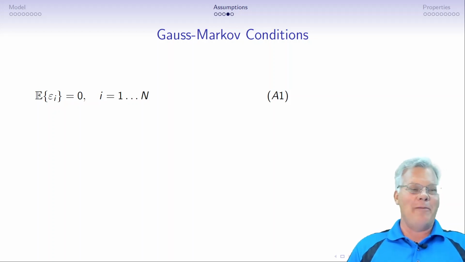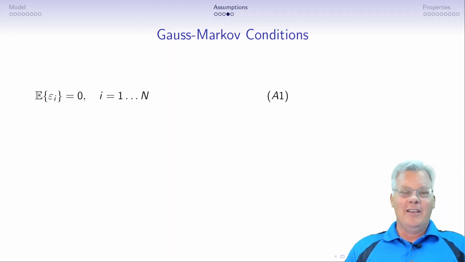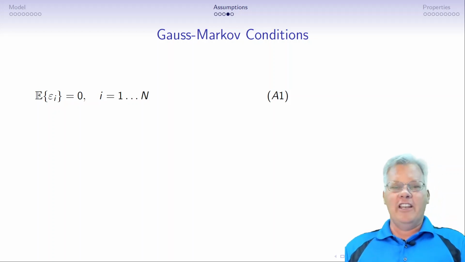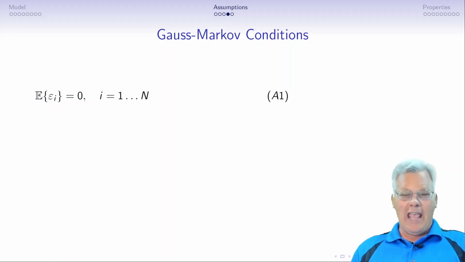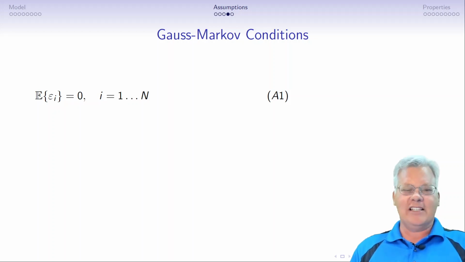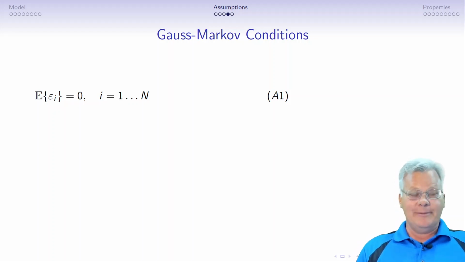I like to describe it as the conditions when your data is clean and pure as the wind-driven snow. So the Gauss-Markov conditions, condition 1, A1, is that the expected value of the stochastic disturbance term is 0 for all observations of the data set.